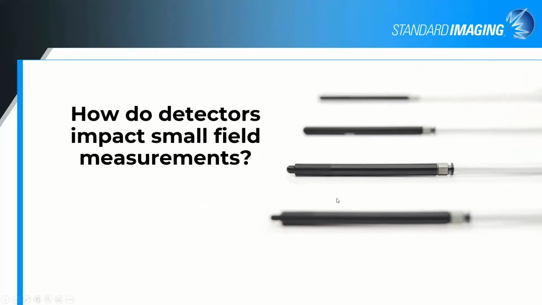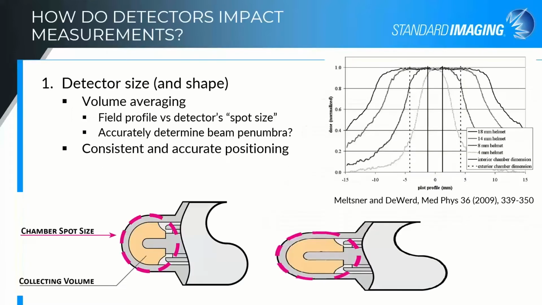So then once we've got our definition, it really behooves us to take a look at how our choice of detectors really impacts the measurements for these small fields. First and foremost, of course, is your detector size. I like this image from Meltzer and Bewart from a few years ago. They were looking at gamma knife helmets and showing just the size of the ion chamber they were using.